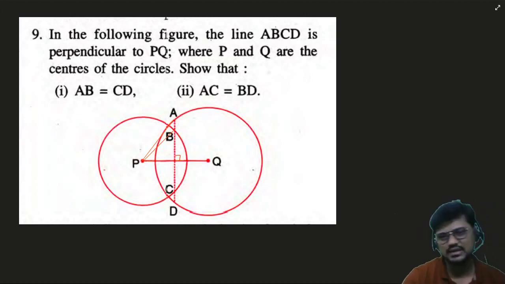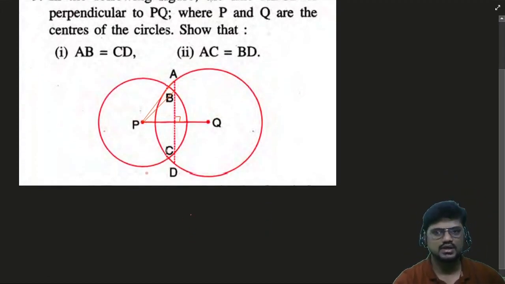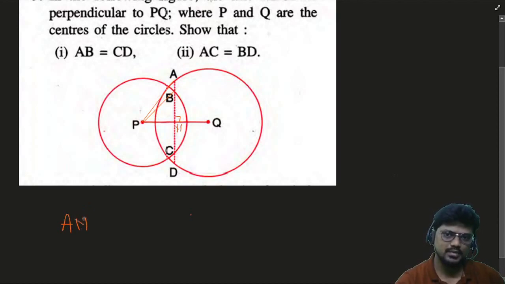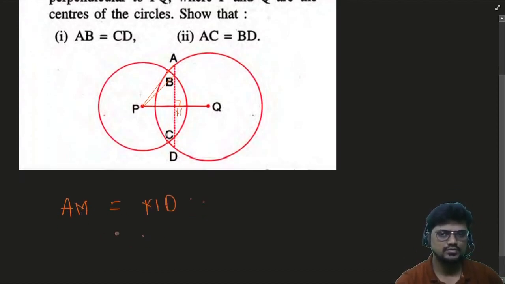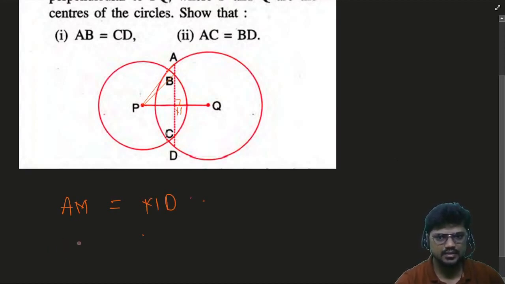It is the same kind of proof again. Since PQ is perpendicular, if this is any other point, let's say M, I know that AM is equal to MD, yes or no? Also, I know that BM is equal to CM.